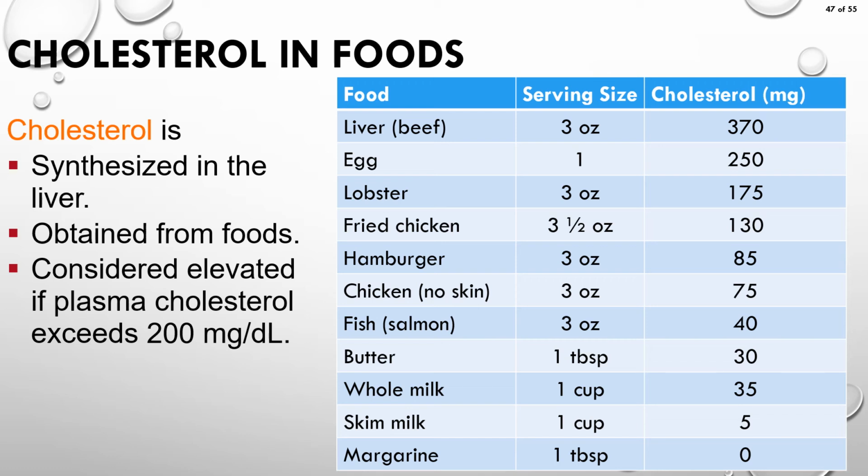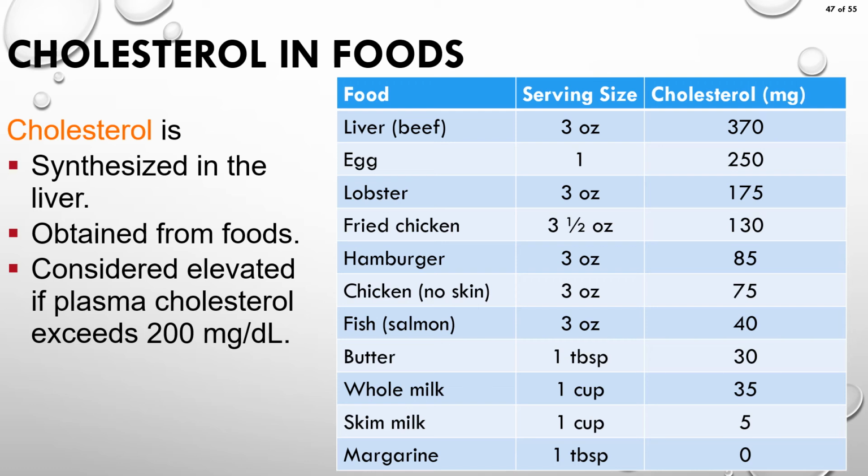Then lobster, fried chicken, hamburger, and chicken with no skin, because the skin has more of the cholesterol, has 75 milligrams of cholesterol. So how much more if there is the skin? Then fish, salmon, butter, whole milk, skim milk, 5. And then margarine has 0 because, of course, margarine comes from plant sources.